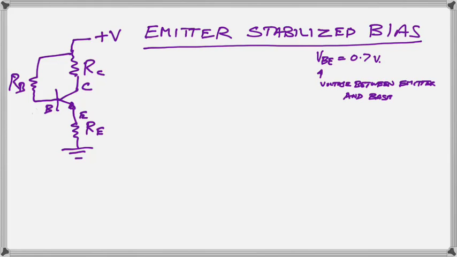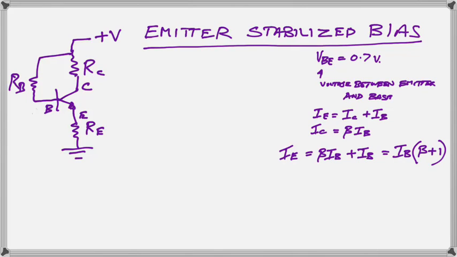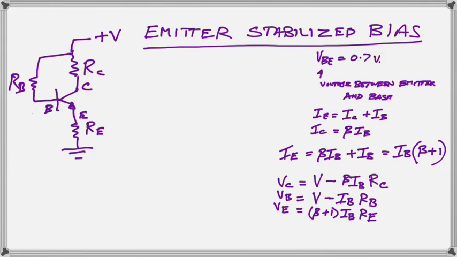Like before, we are going with our 0.7 volts between the B and the E. And likewise, we still have the same relationship for the emitter current as well as the collector current. And the only change here begins when we look at the voltages.